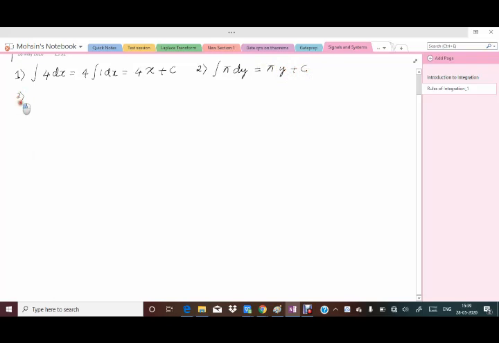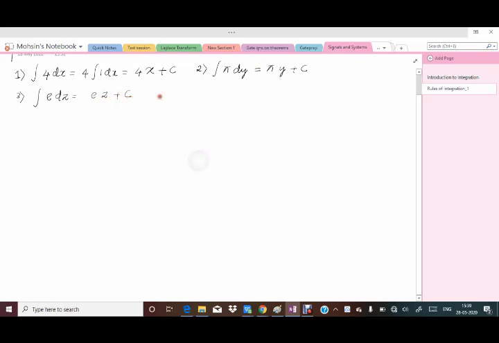Similarly, if I have another term, say e times dz, here I am taking the different variables x, y and z. So in this third example it is the integration of e times dz. Again e is a constant, so the integration of 1 dz is z, therefore ez plus the constant c.